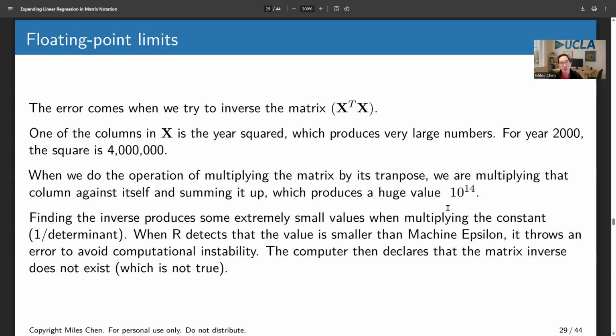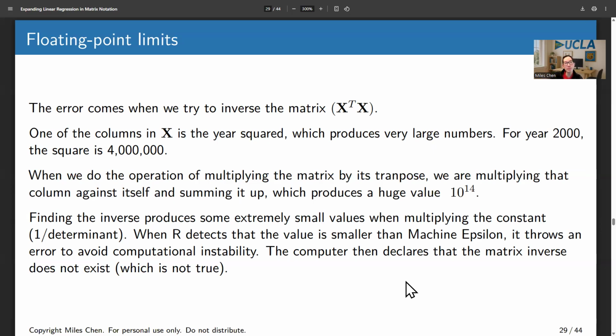And so the computer says the matrix inverse can't be calculated or doesn't exist. And that's not true. If we had real numbers with infinite decimal precision, we could invert this matrix and do X transpose X inverse. It's just the computer itself with floating point numbers that runs into these problems.